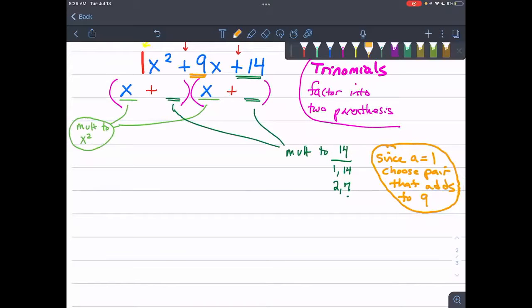So what we want is a pair that multiplies to be 14 and adds to 9. 2 and 7 multiplies to be 14, adds to 9.